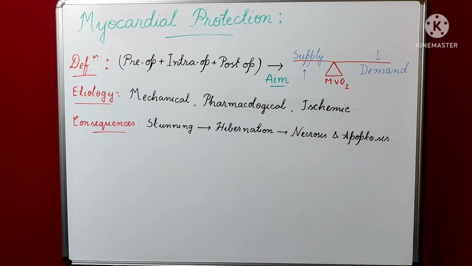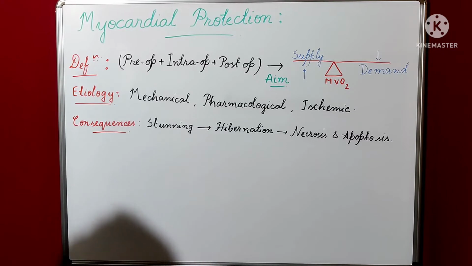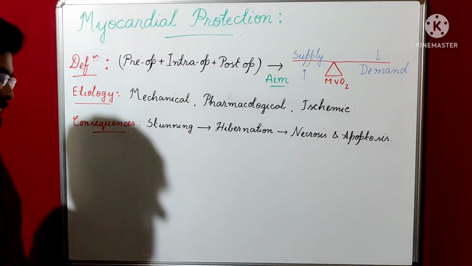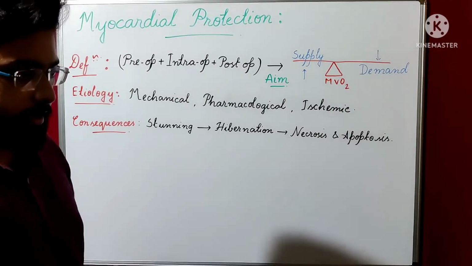First is mechanical, that is the surgical stress, the mishandling of the heart, the incision on the heart, etc. Next is pharmacological injury, that is cardioplegia solutions and some other drugs like inotropic agents and anesthetic agents. Next is ischemia and ischemia reperfusion injury, and the consequences are stunning. This was also elaborated in the previous session.